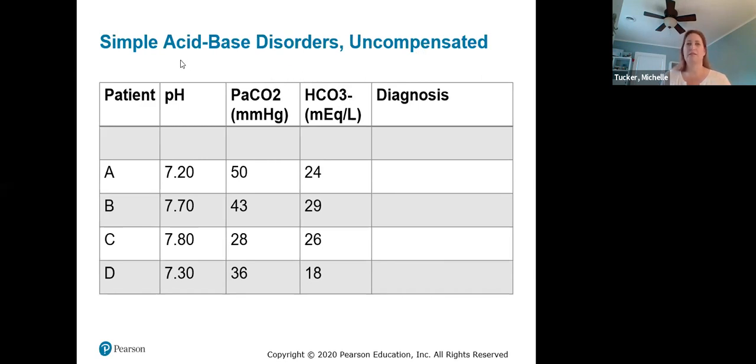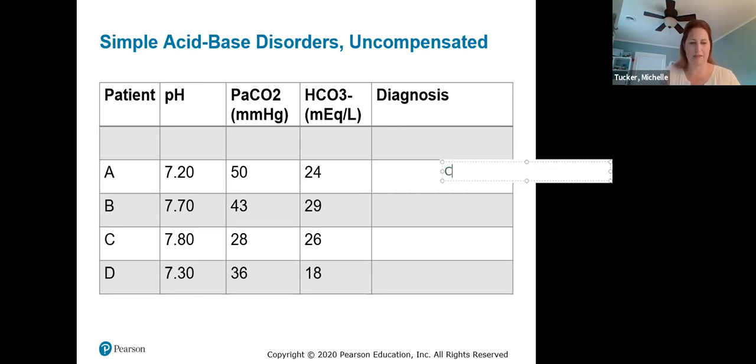So I think that this lecture really comes together as we work through these patients. The first thing to do is look at pH. For patient A, the pH is 7.2. So is this individual in acidosis or alkalosis?